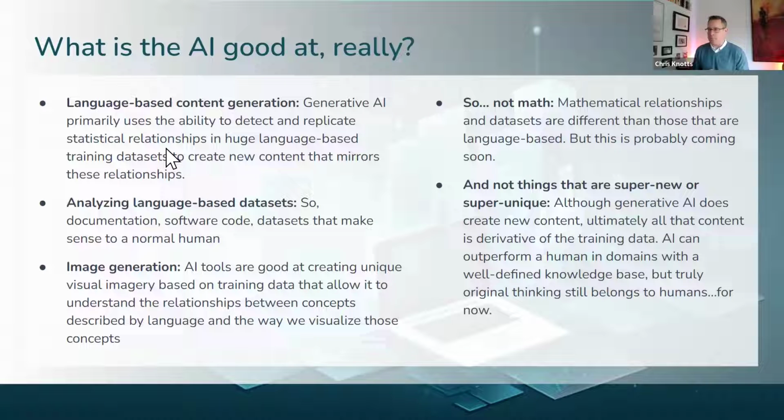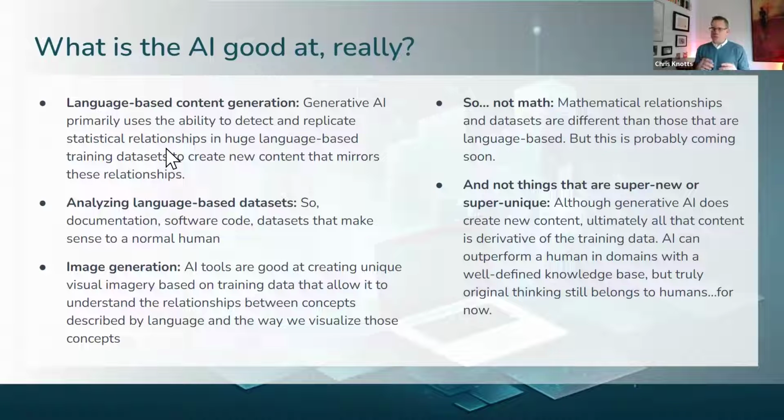Now, we've talked about the nature of these models, their architecture, how they work other times. I'm not going to spend a lot of time on that today. But I think the thing to understand is that these models are machine learning models that at heart do something pretty simple to understand conceptually, right? They're able to ingest and analyze gigantic language-based data sets, many hundreds of gigabytes or even terabytes of information that is primarily in a language form.